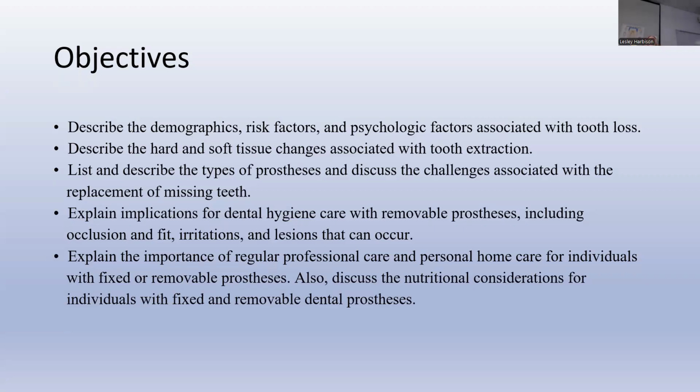List and describe the types of prosthesis, explain implications for dental hygiene care. That will include the occlusion, the fit, how it potentially could irritate the tissue and any lesions that can occur, and then the importance of caring for it, cleaning. And we'll also discuss nutritional considerations as well.